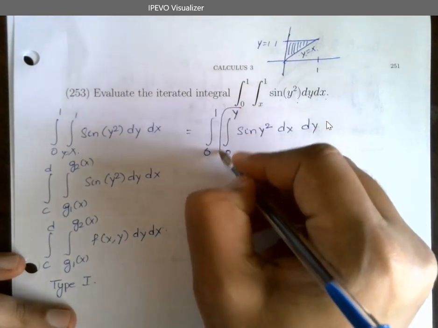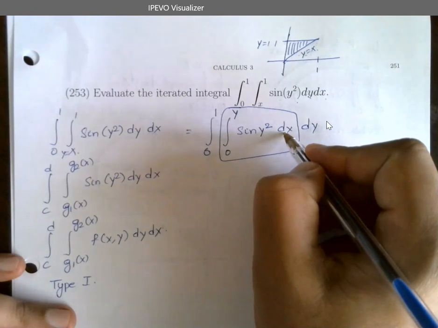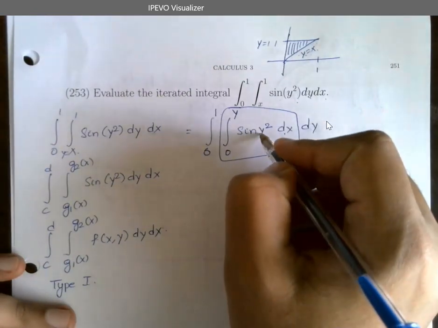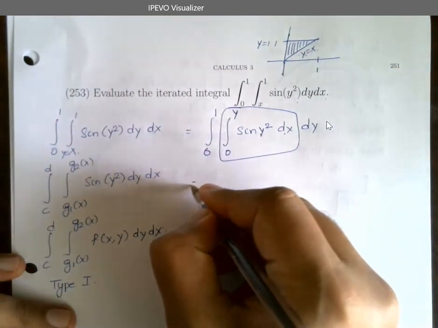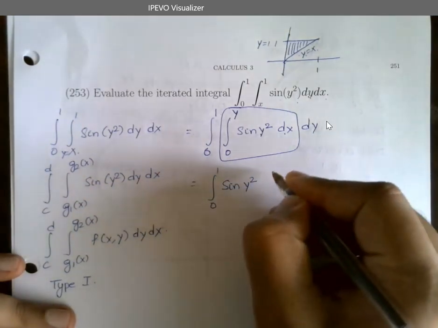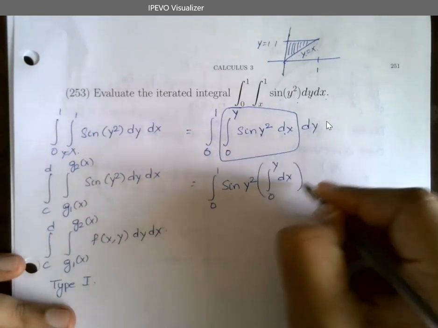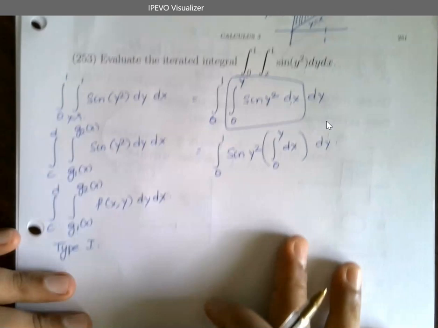So first I'm going to evaluate this integral. I'm going to integrate with respect to x, so I'm going to treat all the terms involving y as constants. So the integral from 0 to 1 of sine y squared times the integral from 0 to y of dx, dy.